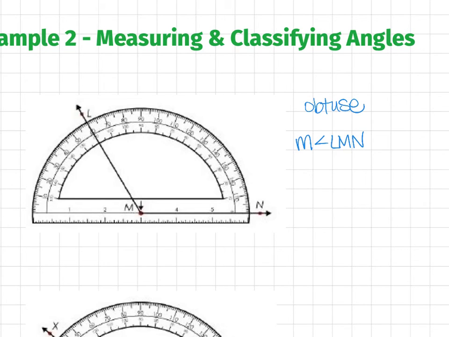And so the measure of angle LMN, and it's kind of hard to read, but I know this is 90. So 100, 110, 120 degrees. Okay, because our angle opens this way. So if it opens this way, then we're reading the numbers that are on the bottom.